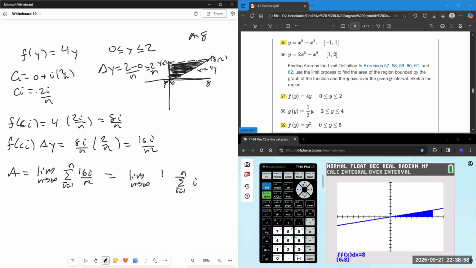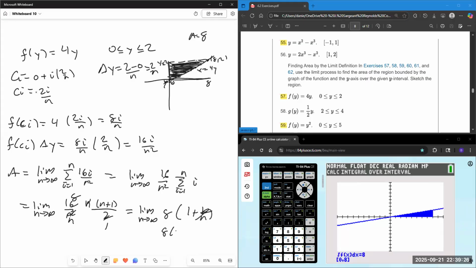So the limit as n goes to infinity of 16 over n squared, n times n plus 1 over 2, is the limit as n goes to infinity of 8 times 1 plus 1 over n, which is 8 times 1, which is 8.